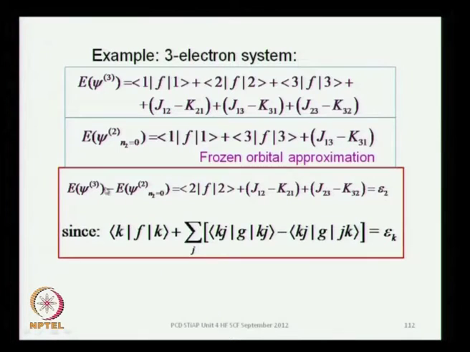This is the energy difference between the 3 electron system and the 2 electron system, and it is exactly equal to the energy that you have to give to pull out the electron from the state 2. In common terms, it is the ionization potential for the state 2. Okay?